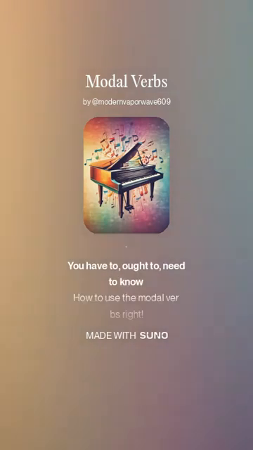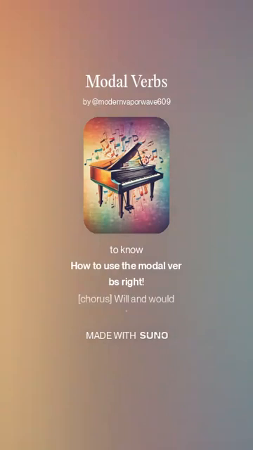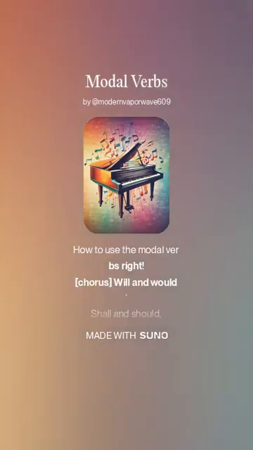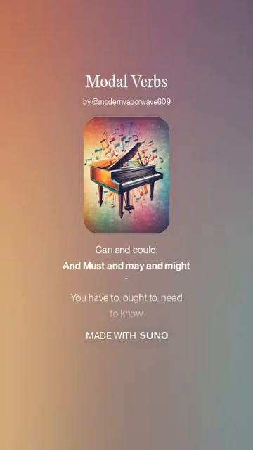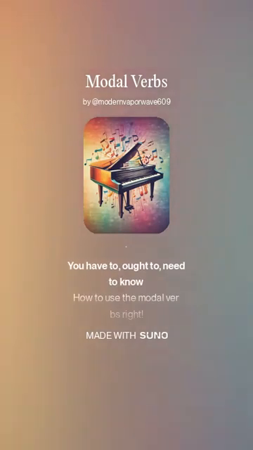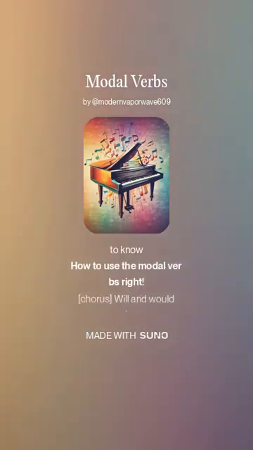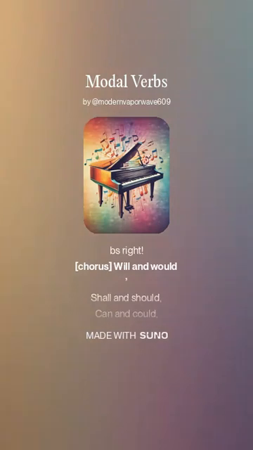You have to, ought to, need to know how to use the modal verbs right. Will and would, shall and should.